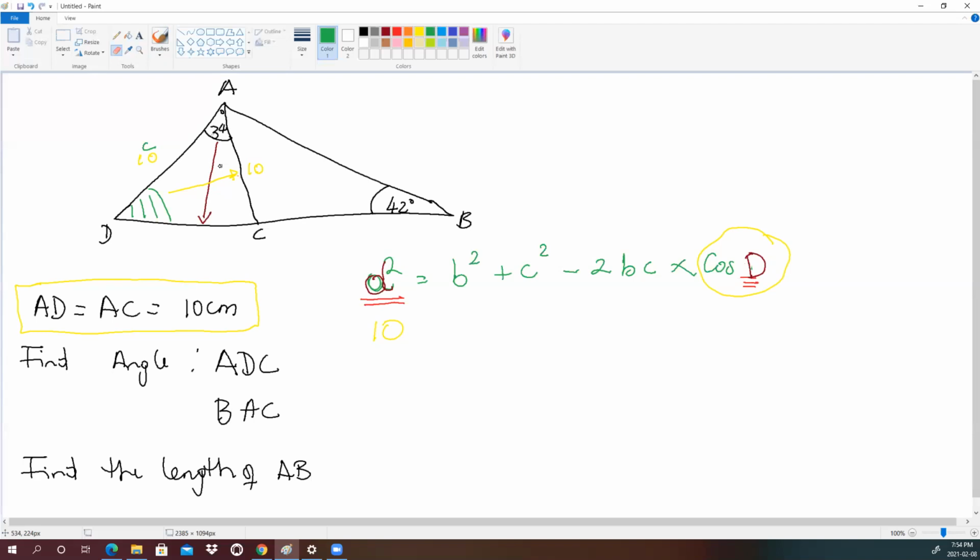You have to say find what? I was saying find the little A first.